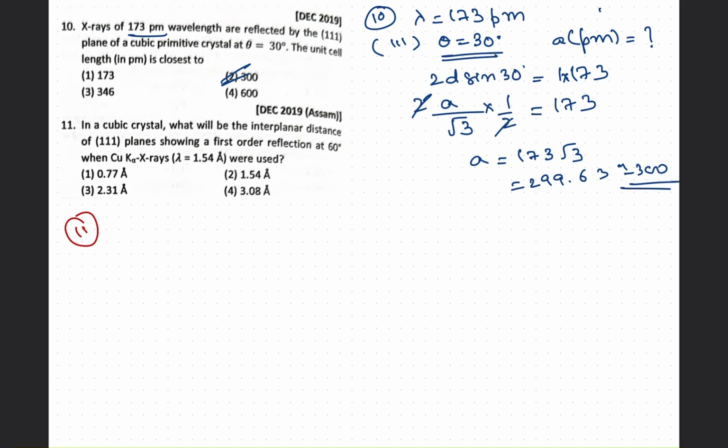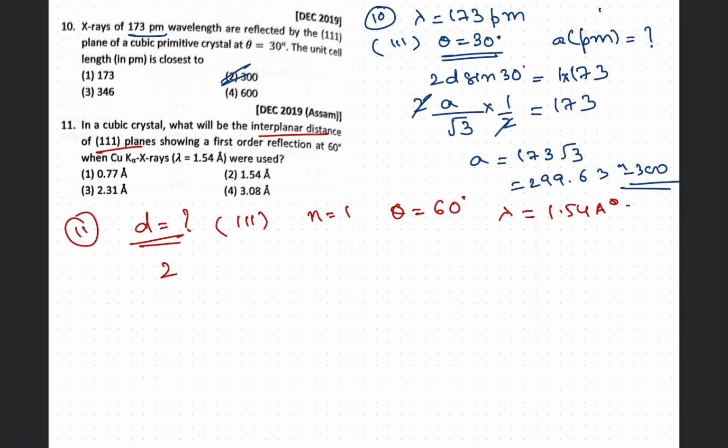In a cubic crystal, what will be the interplanar distance? You have to calculate d of this plane showing first order reflection at 60 degree. We are using lambda 1.54 Armstrong. Okay, so simple, 2d sine 60, which is under root 3 by 2, equals lambda.